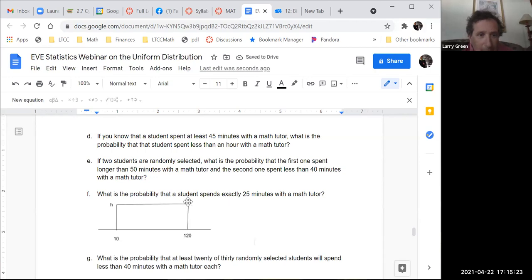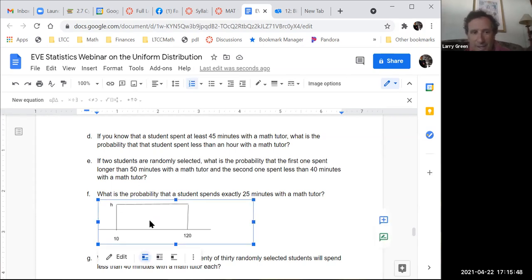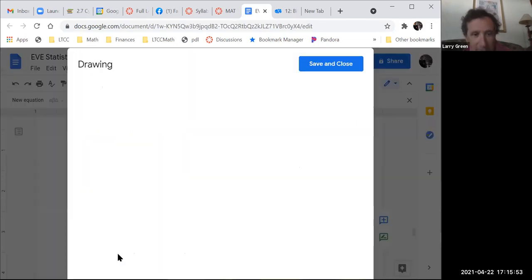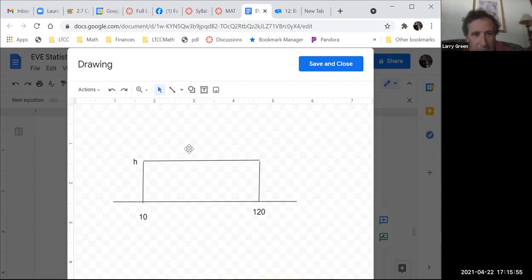So what's the probability that the student spends exactly 25 minutes? The hint is it's super easy. I don't see y'all jumping in. I'm going to draw the picture and that might help. So 25.